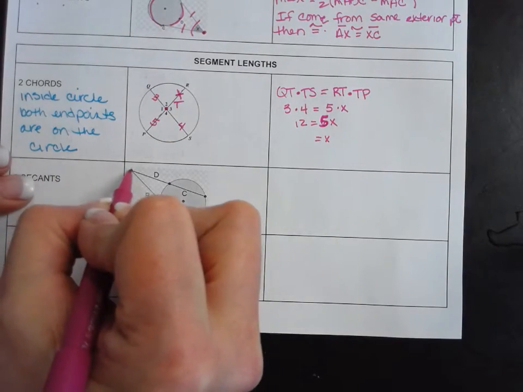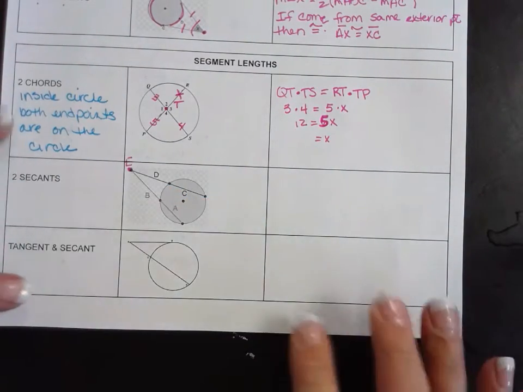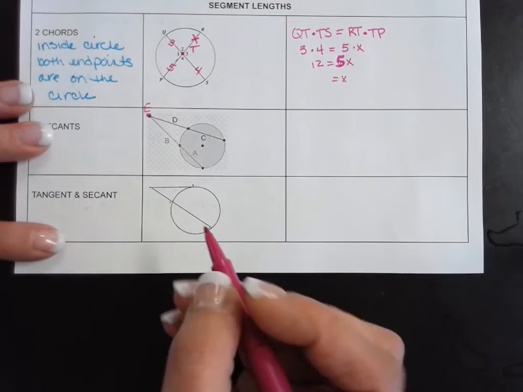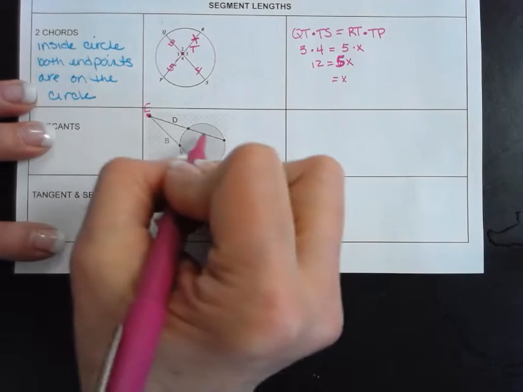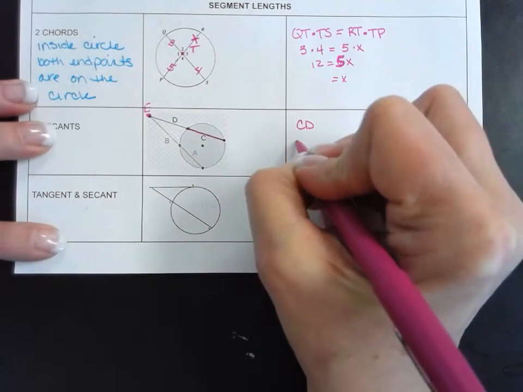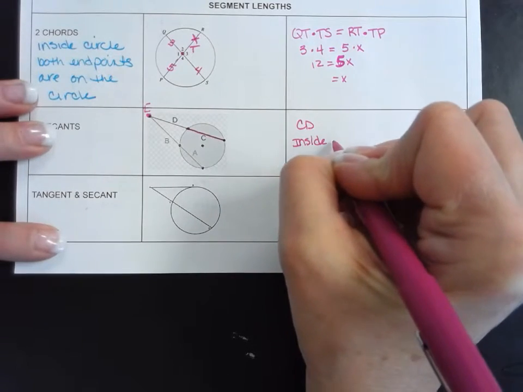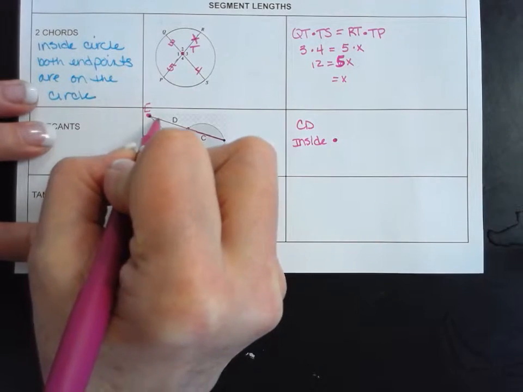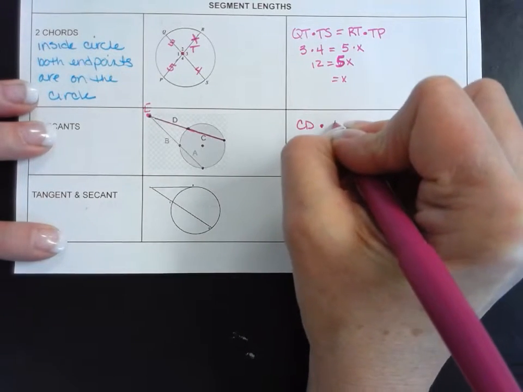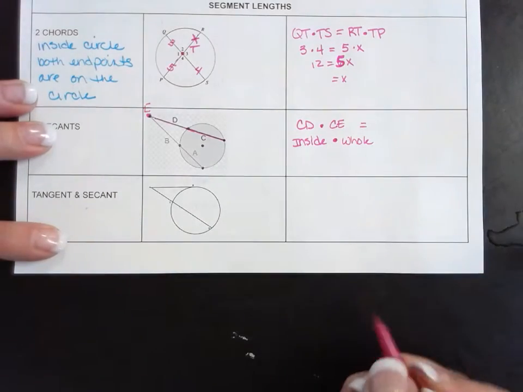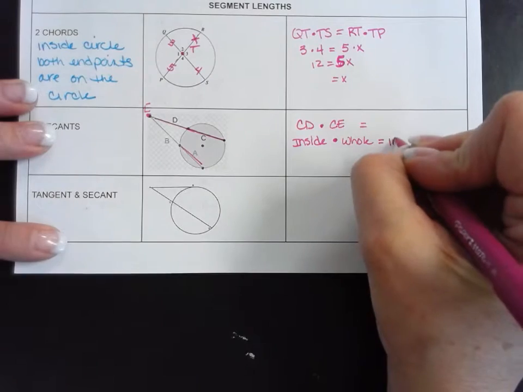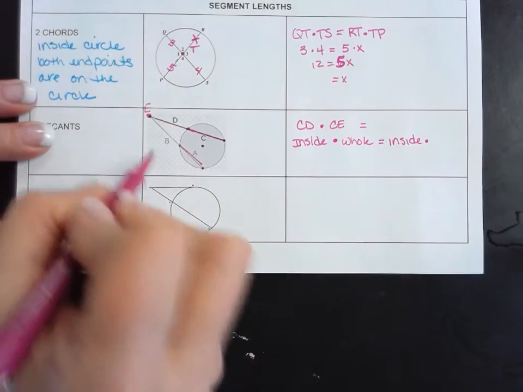And then for secants, let's make this point E, our exterior point E. Same thing. You do the inside part, so CD times the whole thing. So CD times CE, and that's going to be equal to the inside times, what do you think?